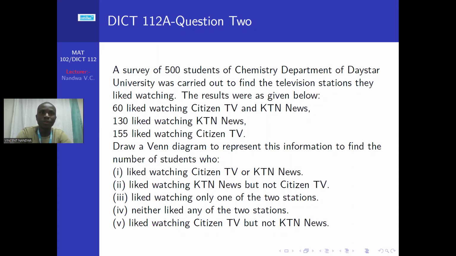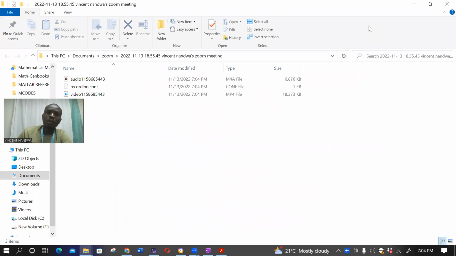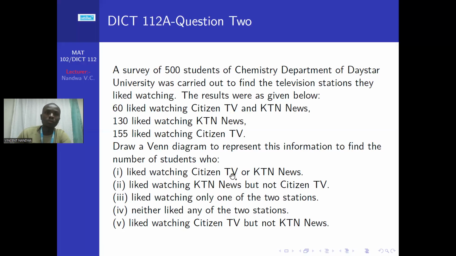So the first task is to draw a Venn diagram to illustrate the information and use the Venn diagram to answer the questions that follow. It's very clear that in this question, two main sets are of interest: the set of those who like watching Citizen TV and the set of those who like watching KTN News.